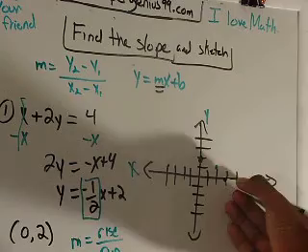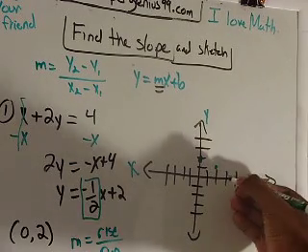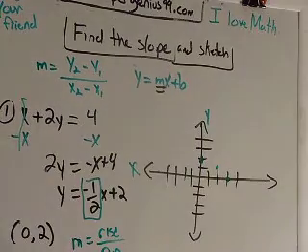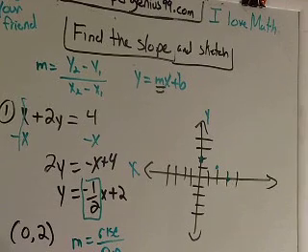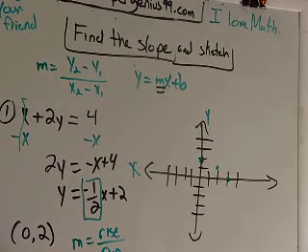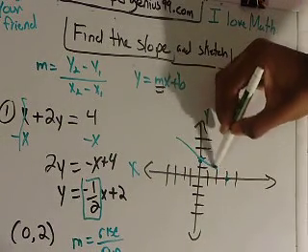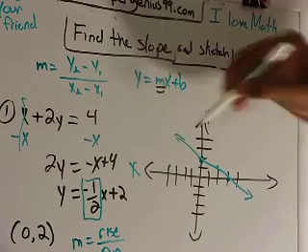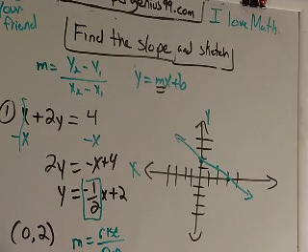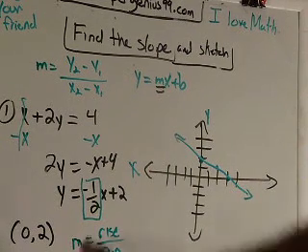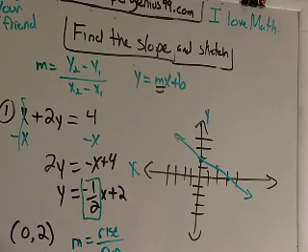Down 1, to the right positive 2. You really only need 2 points to make a line, 3 points to confirm. So then I'm going to draw a line through those 3 points the best I can. It's not perfect. And that's how you could find the line. So we found the slope and we did our best to graph.